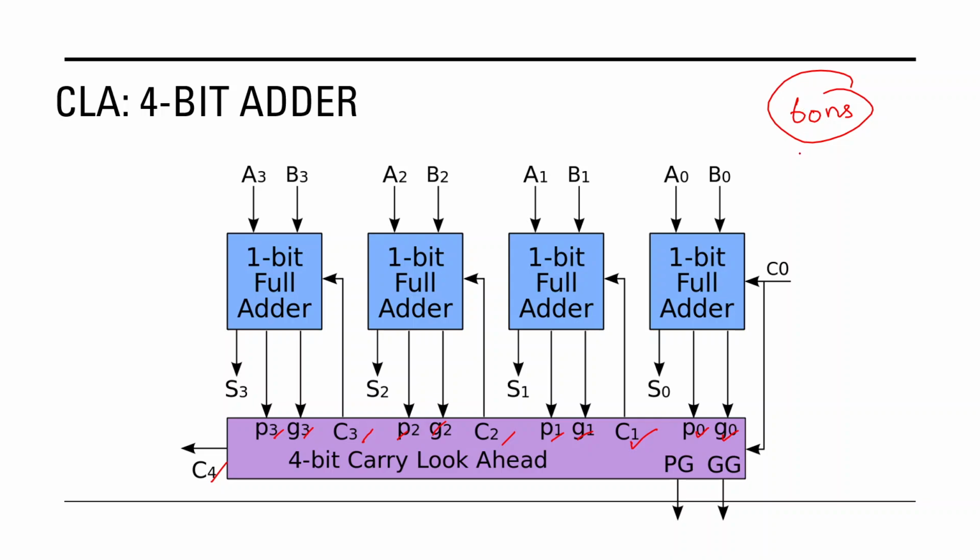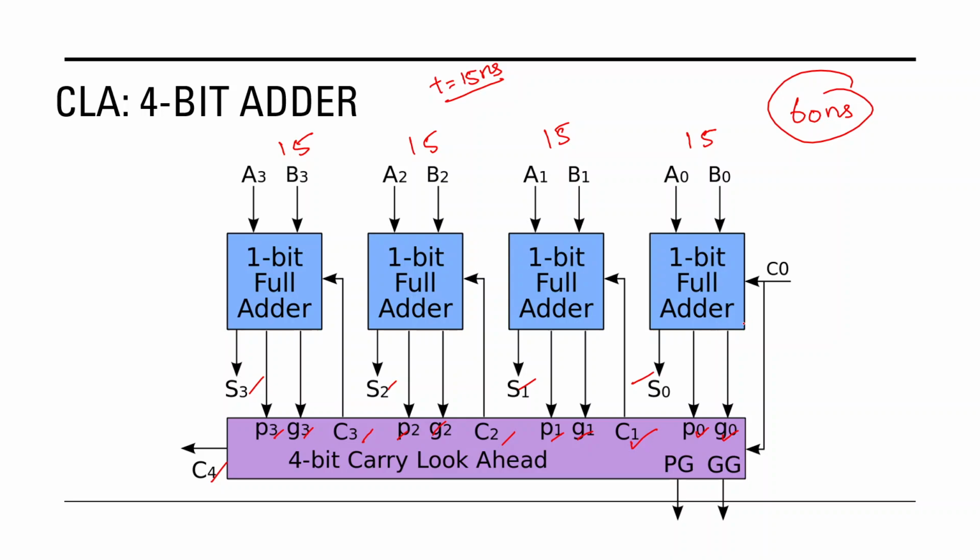Here, in 15 nanoseconds itself, because each full adder does not depend on any previous outputs, from time 0 to 15 all will compute parallelly. So at 15 nanoseconds itself, we will get S0, S1, S2, S3. To compute C0, C1, C2, C3, C4, all this will happen parallelly.